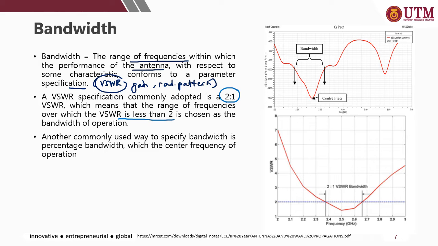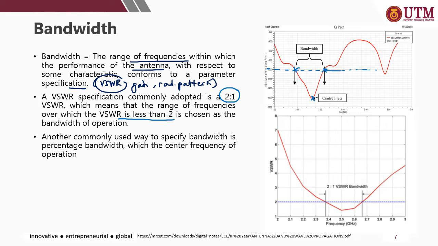In the return loss graph, it will be measured at the minus 10 dB line, so you draw a minus 10 dB line. Then the maximum frequency surrounding the targeted or resonant frequency of the antenna, and also the minimum frequency that lies within the 10 dB range, will be chosen in order to calculate the bandwidth.